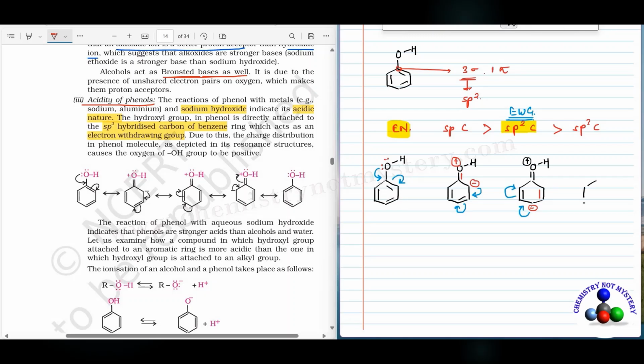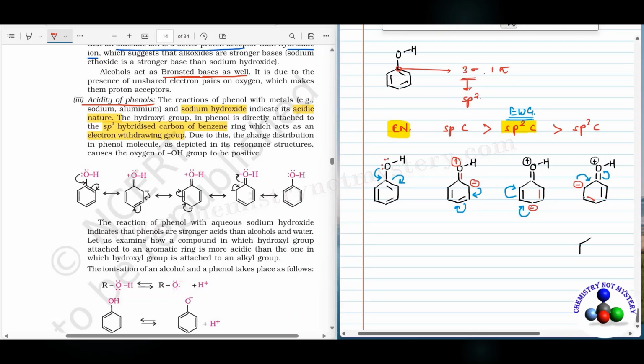So here you will get the next resonating structure where a new bond is formed between these 2 carbons, and the pi bond moves to the carbon in the form of negative charge, and the rest of the structure will remain as it is. This oxygen already has a positive charge, and this bond will remain as it is. Now you can draw the next resonating structure in which this negative charge moves between these 2 carbons in the form of a pi bond, and the double bond moves and neutralizes the charge over oxygen.